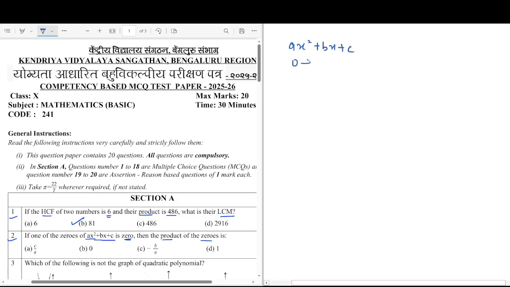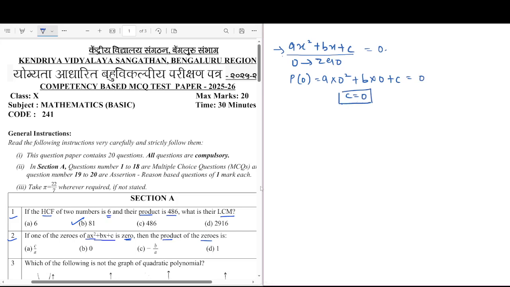That means if I put the value 0 in this polynomial, the whole polynomial will become 0, right? So I am writing p(0). In this polynomial, wherever we have x, we will put 0. So we get a into 0 square plus b into 0 plus c, and the whole polynomial is 0. So here I am getting c equals 0, right?